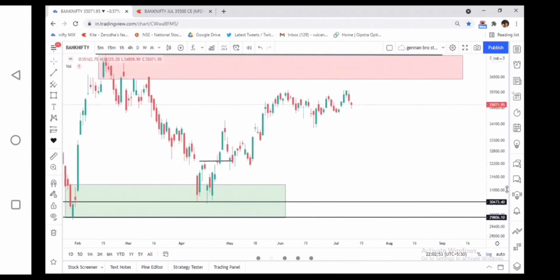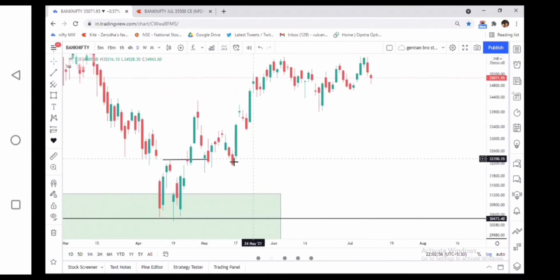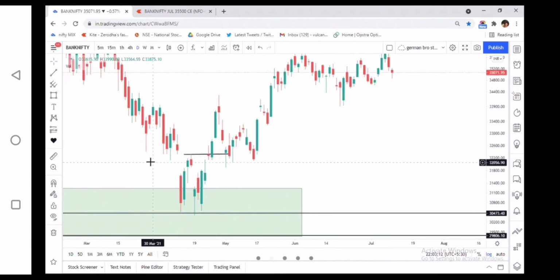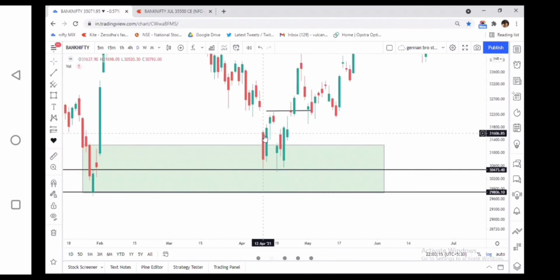If you miss that bullish order block entry, there is a second entry of the order block.